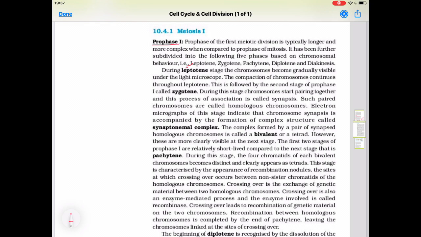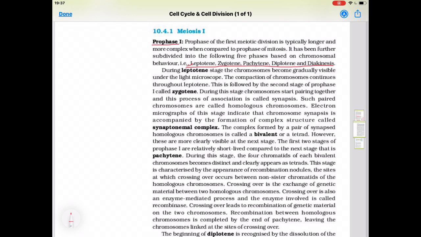They are leptotene, zygotene, pachytene, diplotene, and diakinesis. So first learn these 5 names in sequence only: leptotene, zygotene, pachytene, diplotene, and diakinesis.